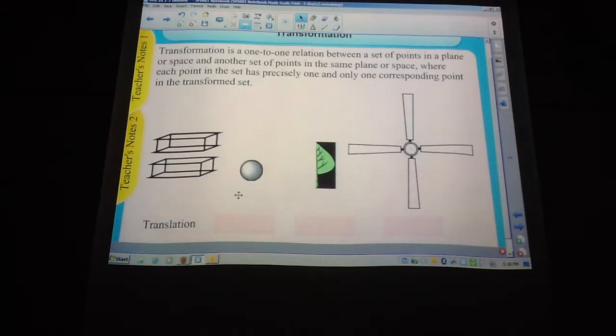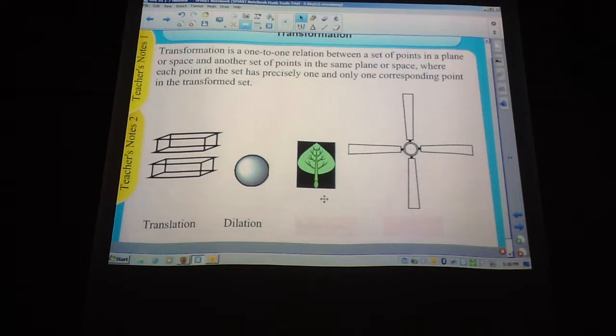If I click on the ball here, you notice it gets bigger. Like when you go to the eye doctor and they put those little liquid eye drops in your eyes, it makes your pupil get bigger so they can see in your eyeball a little bit better. Well, we call that a dilation, and they call it that at the eye doctor also. If I click on this, it's going to unfold, and we see the mirror image reflected on the other half of the leaf.